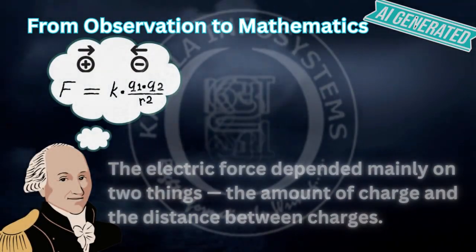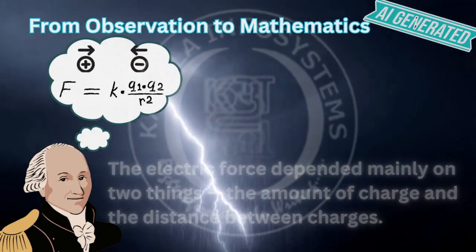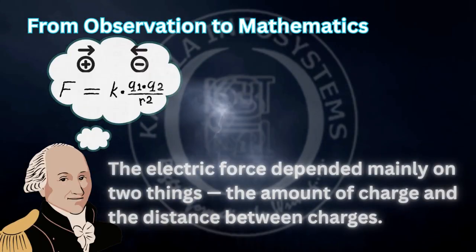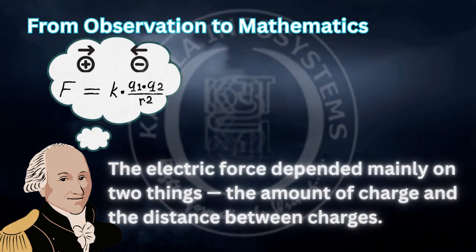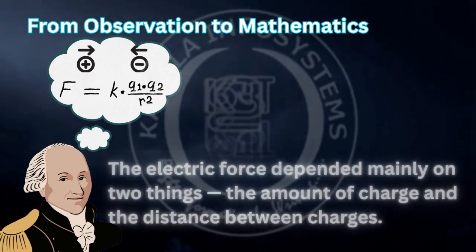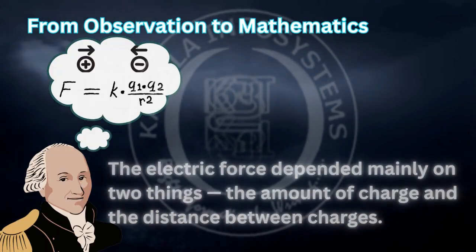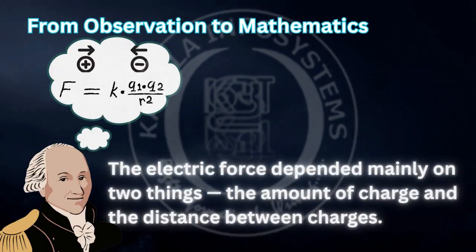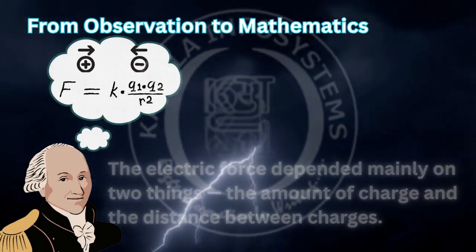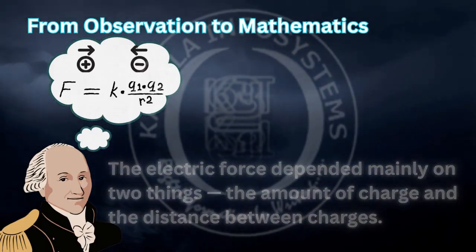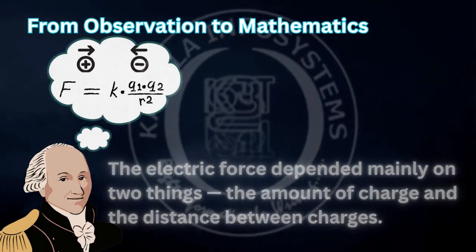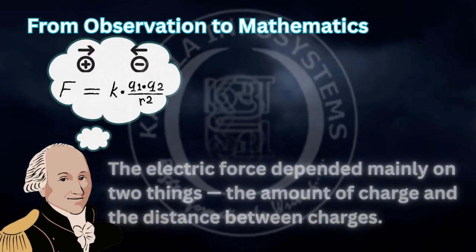After many careful experiments with charged objects, Coulomb observed a remarkable pattern. The electric force depended mainly on two things: the amount of charge and the distance between the charges. Today, let us convert those observations into mathematics.